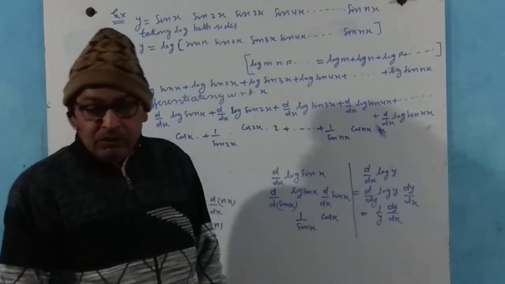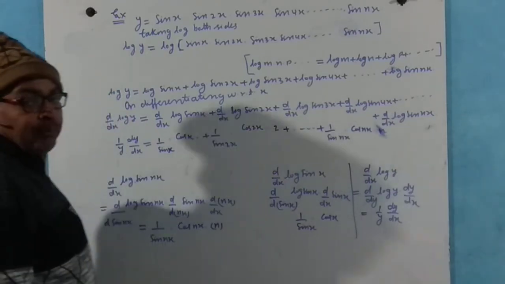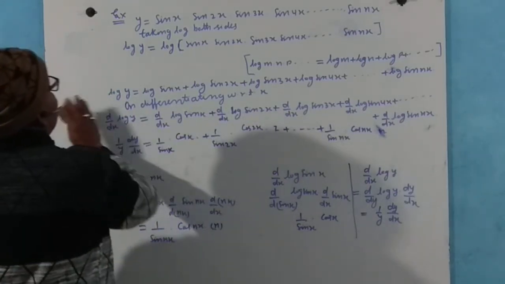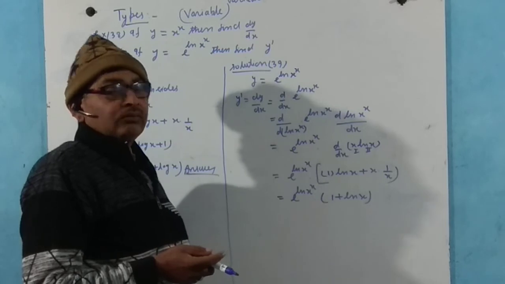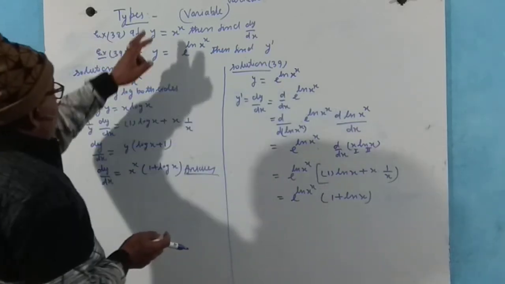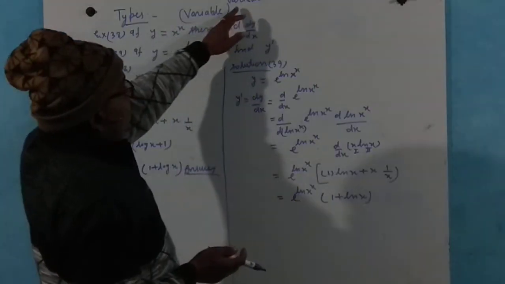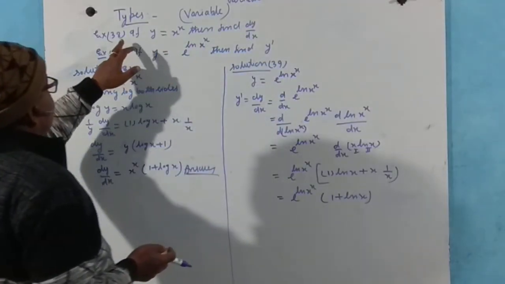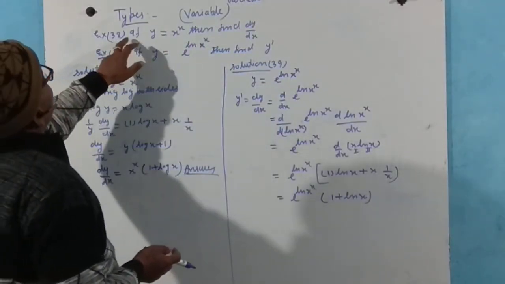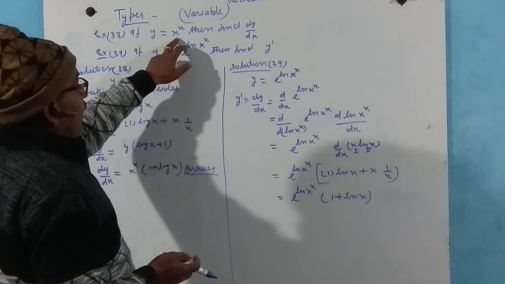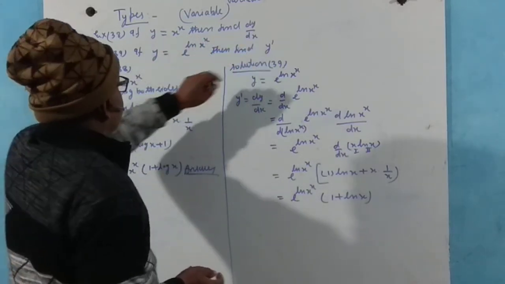Now we take the example of variable to the power variable. In this case, we take the example: if y is equal to x to the power x, then find dy by dx.